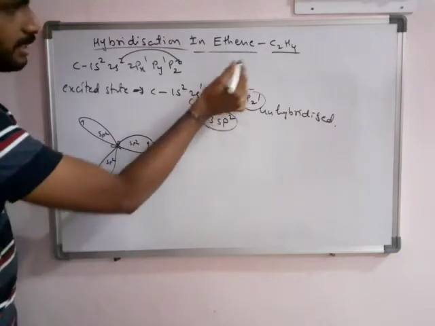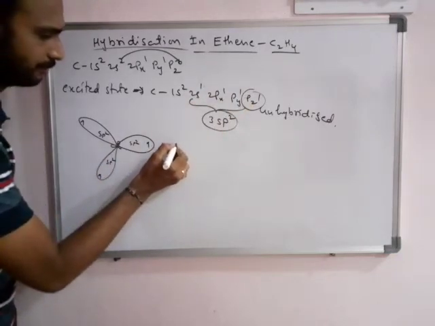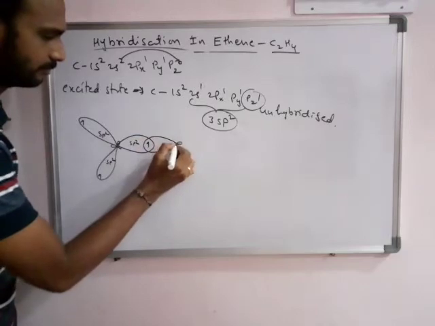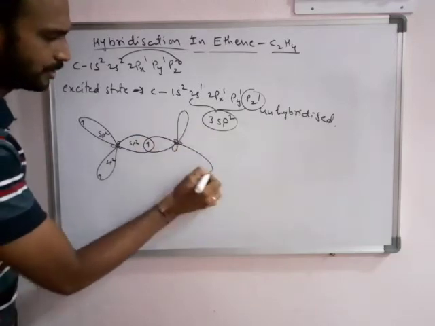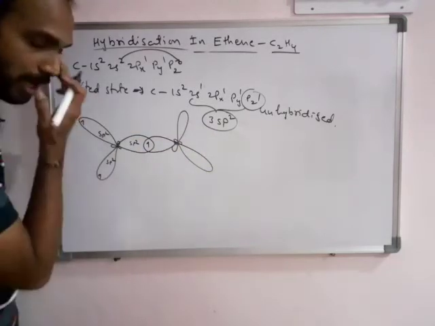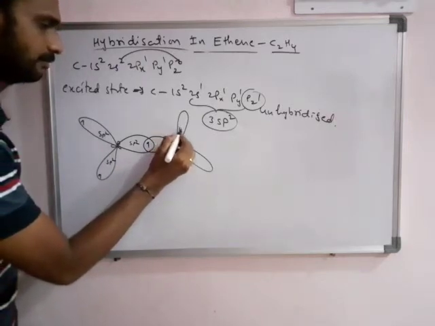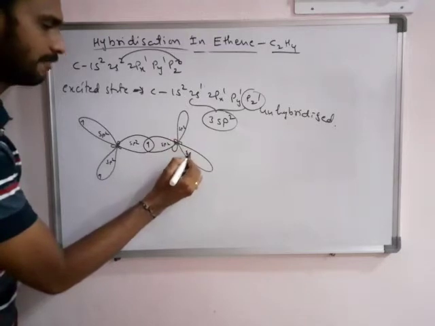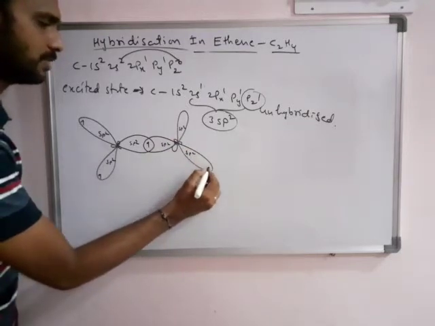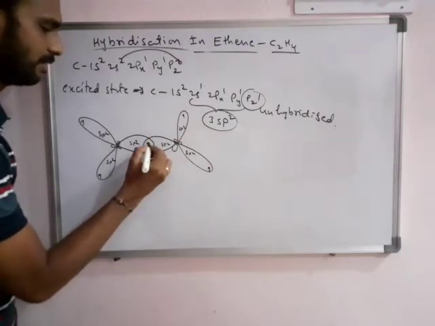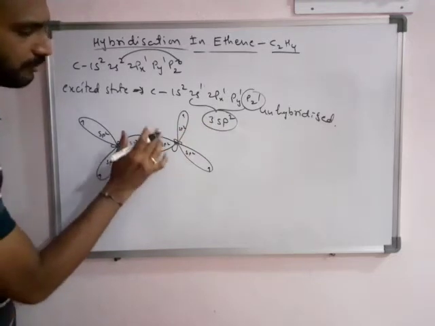The position of the second carbon is also like this. So it also undergoes sp2 hybridization, having 3 sp2 orbitals which have unpaired electrons and are ready for bond formation.